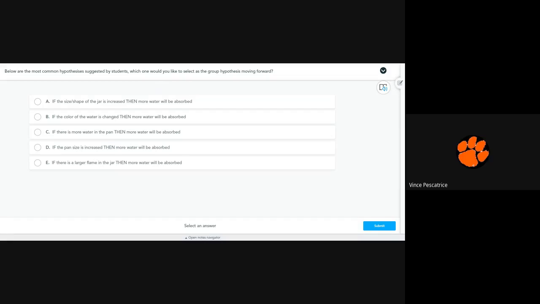If you change the color of the water, then more water will be absorbed. If there's more water in the pan, then more water will be absorbed. If you increase the size of the pan, there'd be more water absorbed. And finally, if there is a larger flame in the jar, then more water will be absorbed. Choose one of these 5, and the one that gets the most votes will be the one we move forward with. So go ahead and vote now.